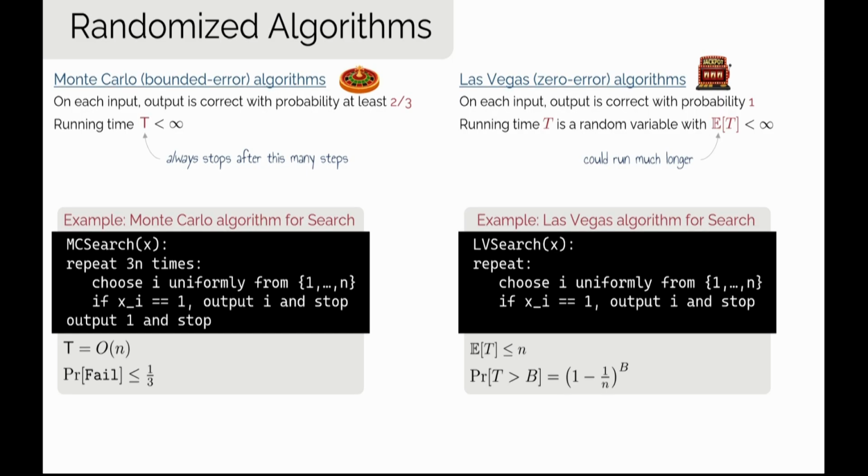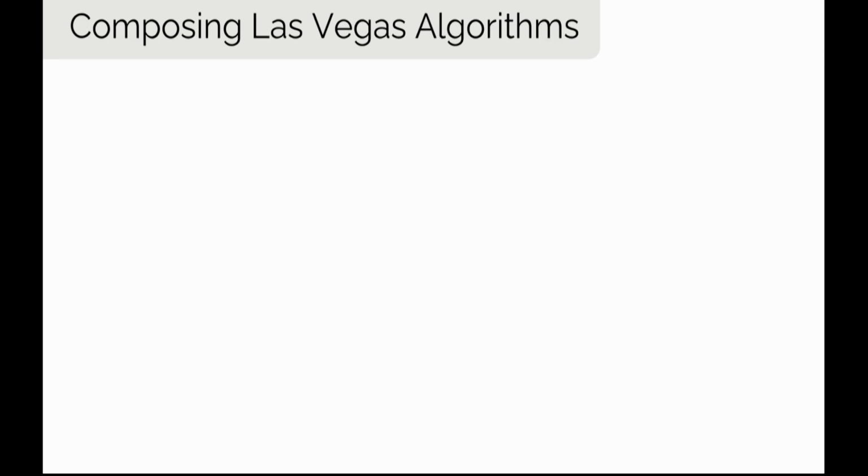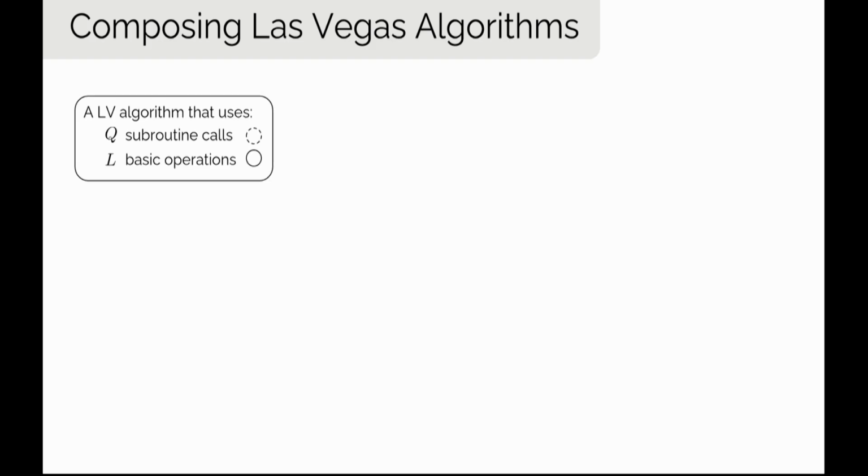Both kinds of algorithms can be composed in a rather straightforward way. So let's start with Las Vegas algorithms. Suppose you have a Las Vegas algorithm that uses Q subroutine calls and L basic operations. What this means is this is an algorithm that if you were to instantiate the Q subroutine calls with some oracle that returns whatever the expected result is perfectly, then you would get a Las Vegas algorithm, so an algorithm that is always outputting the correct answer.